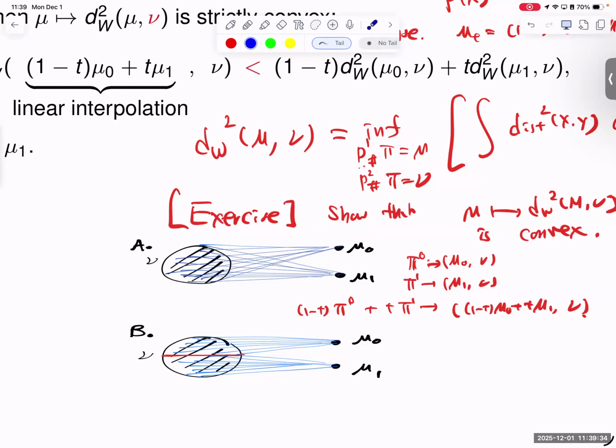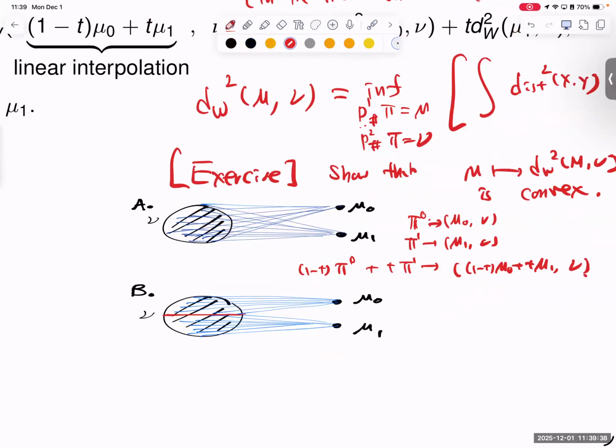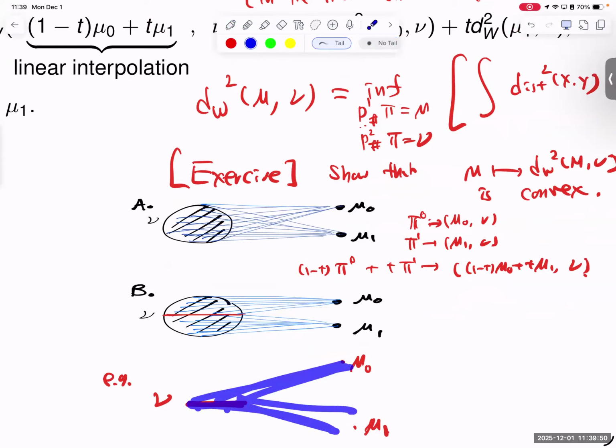But if nu is just a Dirac, then it's the same: this one matches there, this one matches there, and optimal transport sends half the weight each way. So same.